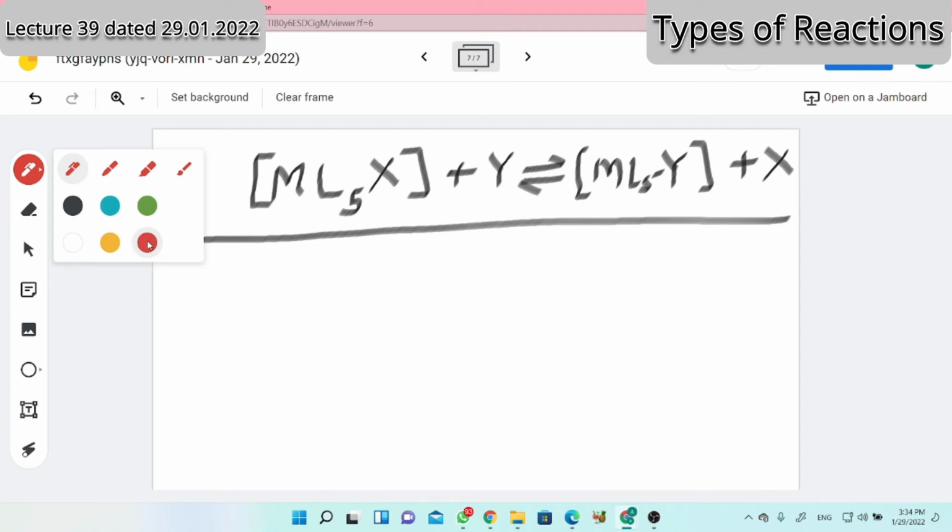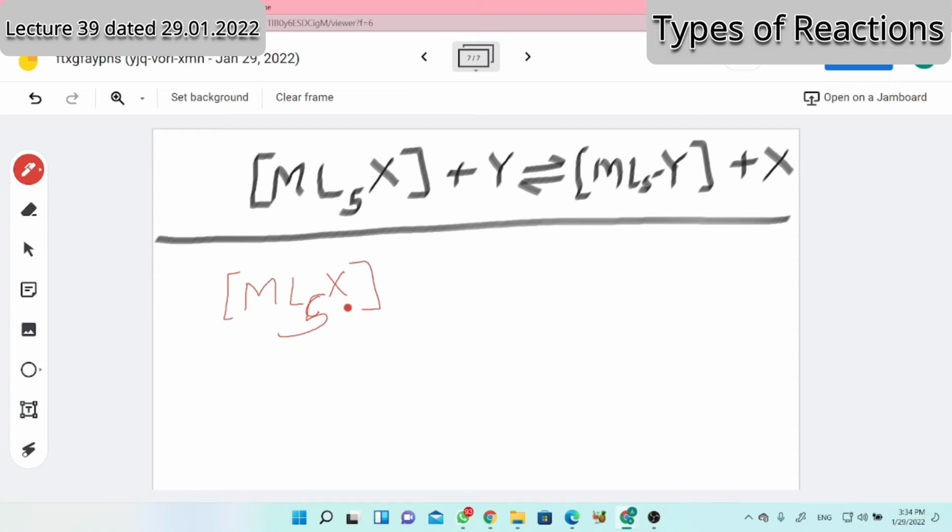But I'm talking here now about the dissociative mechanism. So what should happen in the mechanism? The metal is with 6 ligands, 5 and this X is the 6th ligand. This ligand has to dissociate, meaning this 6 coordinate complex will convert to a 5 coordinate intermediate. That is the first step.